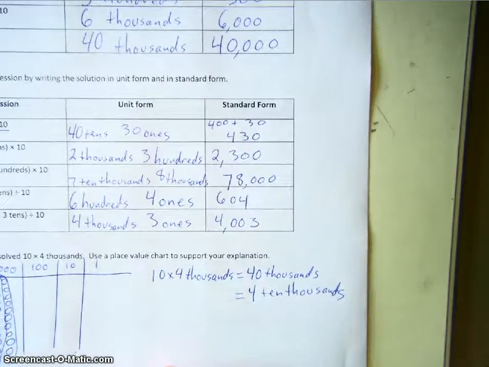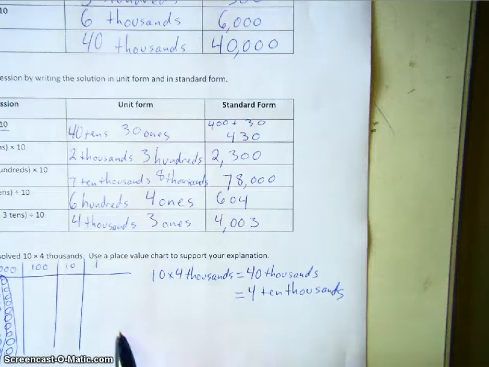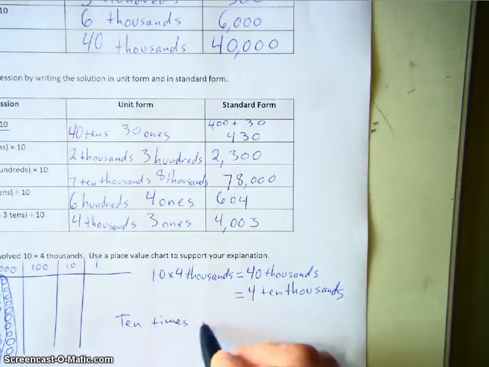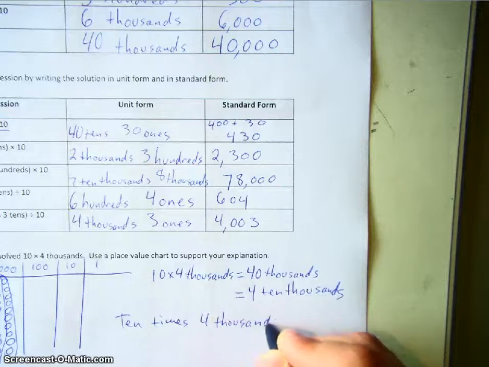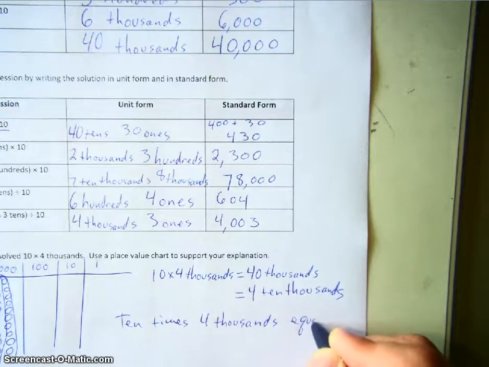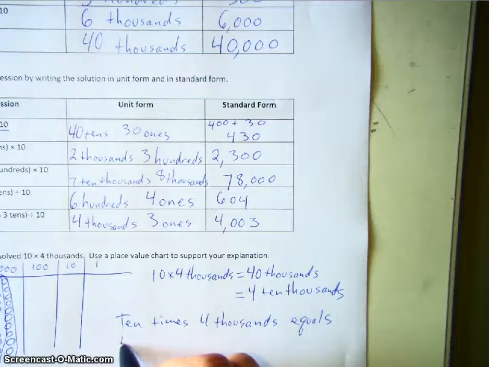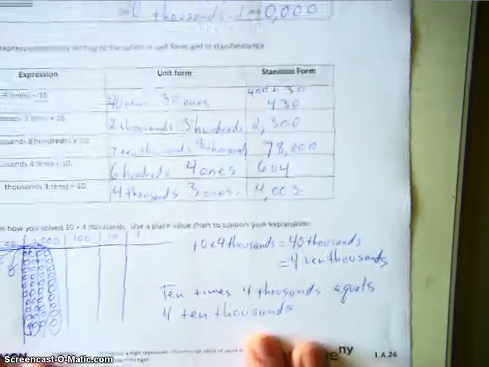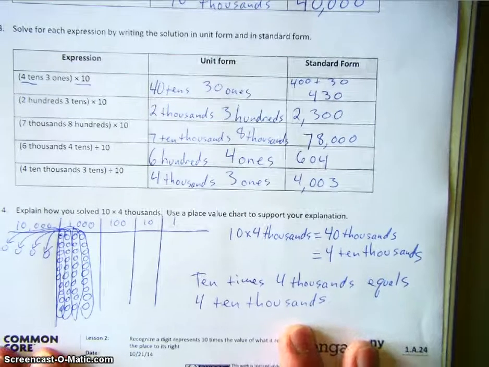So 10 times 4,000s equals 4 10,000s. And so that's what you end up with for number 4. Okay, moving on to our last page here.